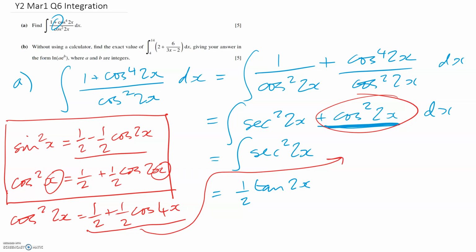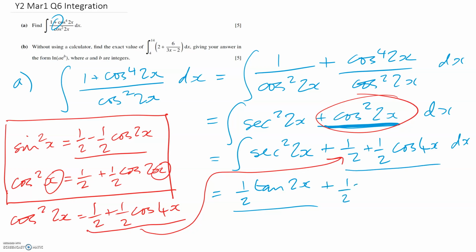So let's write that over here, a half plus a half cos 4x. We still haven't integrated anything. Okay, well actually we did. We integrated sec squared before, and that's where that came from. But now we need to integrate all of this, which is quite easy.